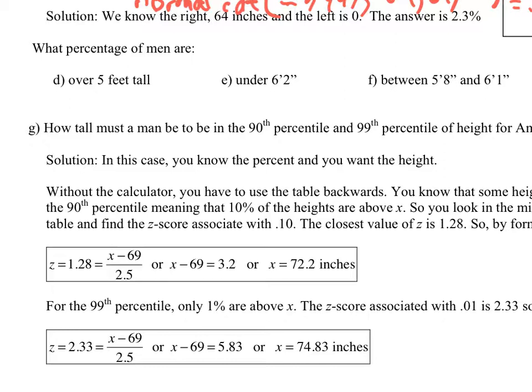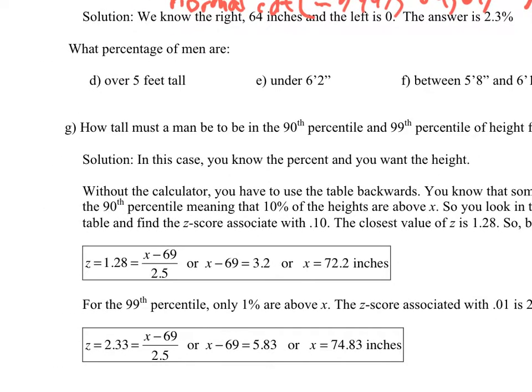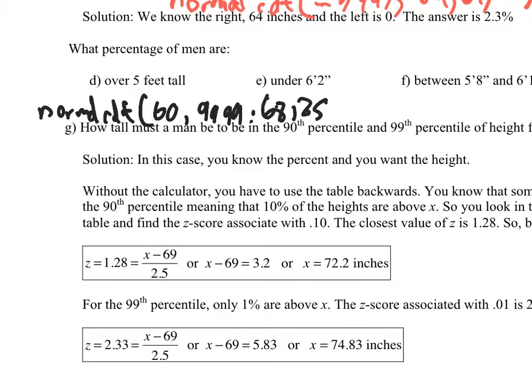Letter D. What percentage of men are over 5 feet tall? I'm just going to set it up, and you're going to do it yourself. Normal CDF. Over 5 feet means I do what? 60 to where? 9999, comma, 68, comma, 2.5.